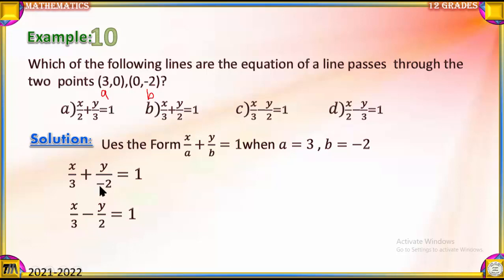Plus times minus is minus. Then x over 3 minus y over 2 is equal to 1. We can see the correct answer is C.